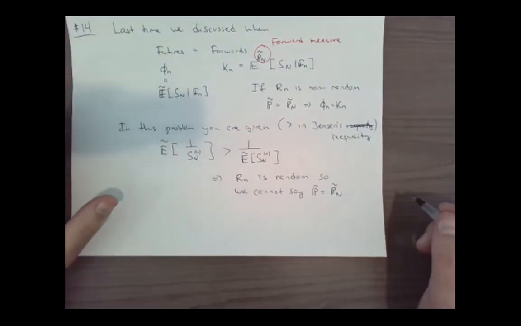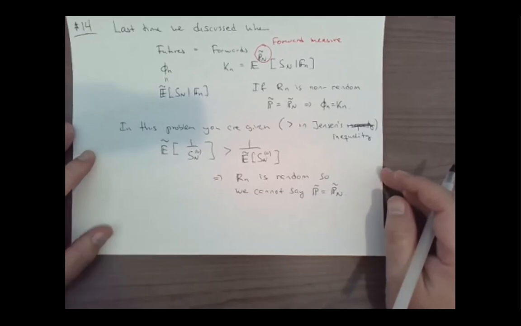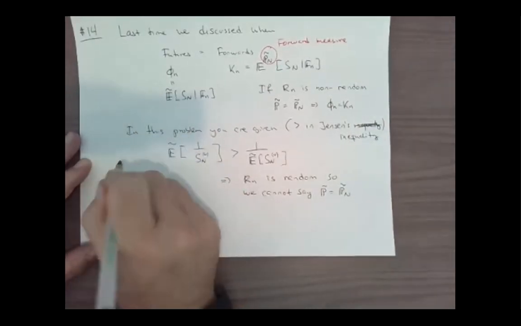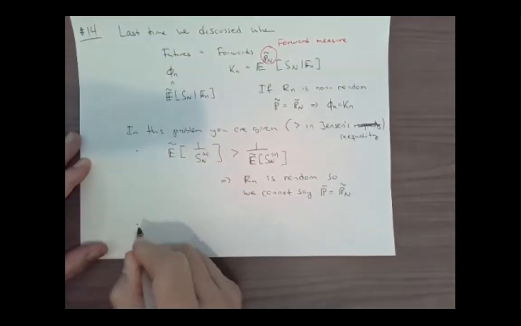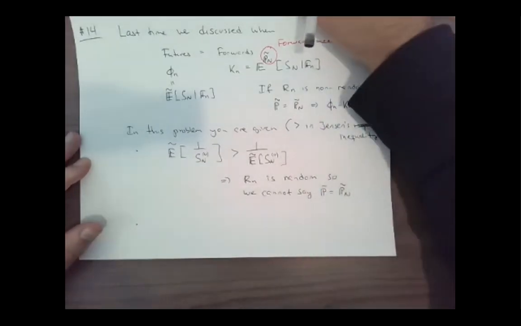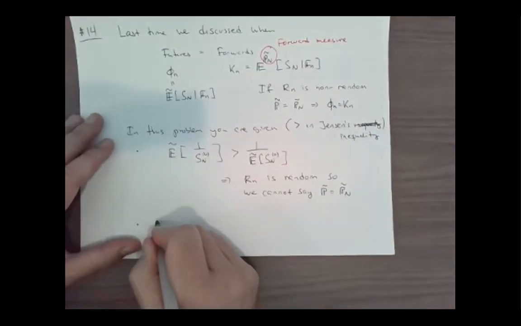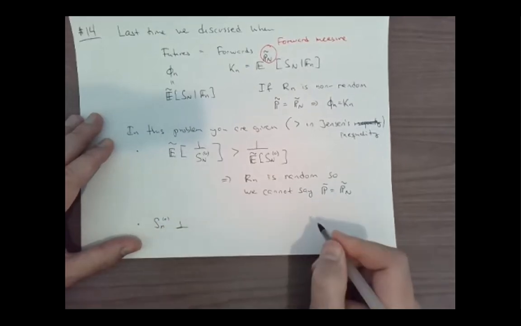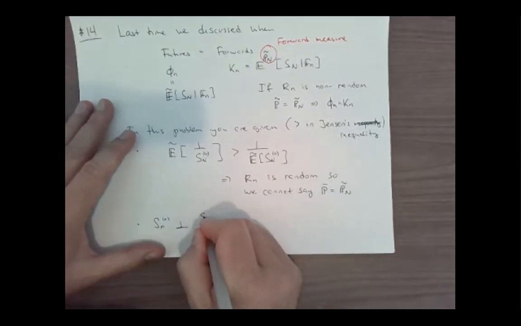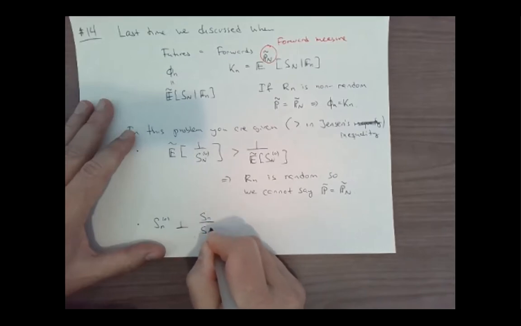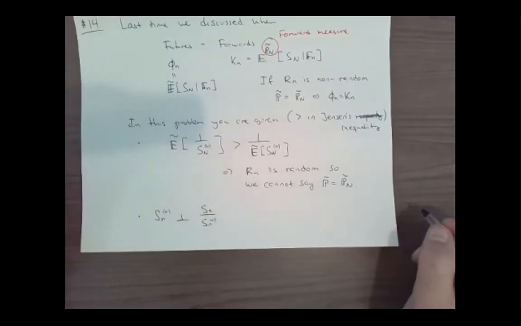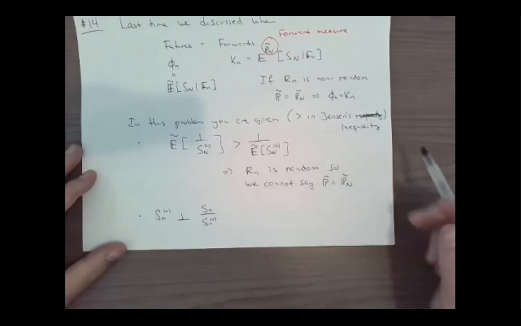Okay, so that's one property that you're given. The other property that you're given to answer this question is Sn0 is given to be independent of Sn divided by Sn0. So you're given these two properties.